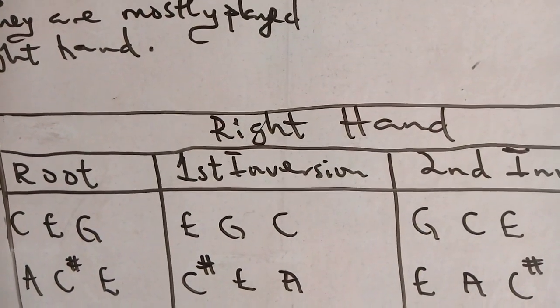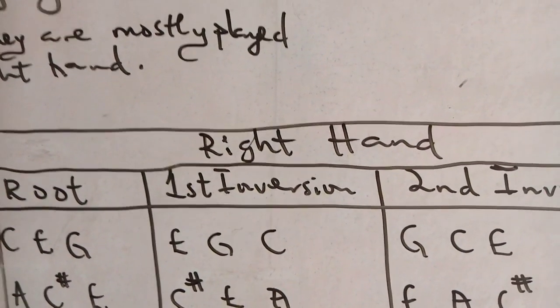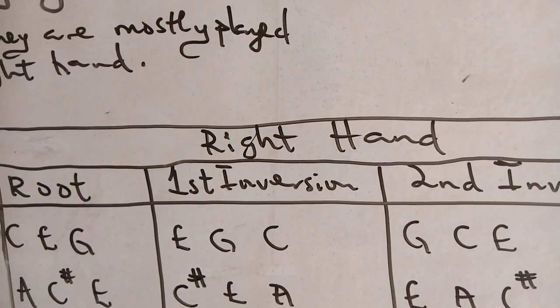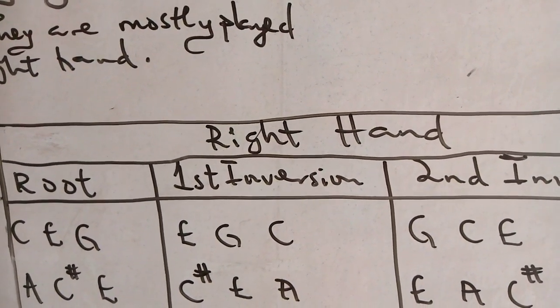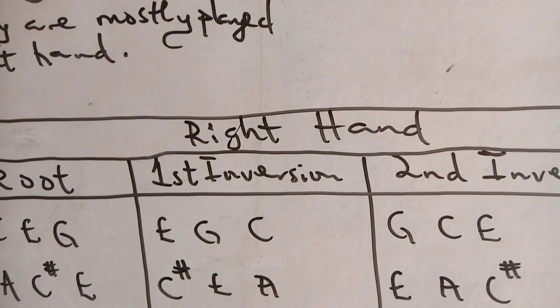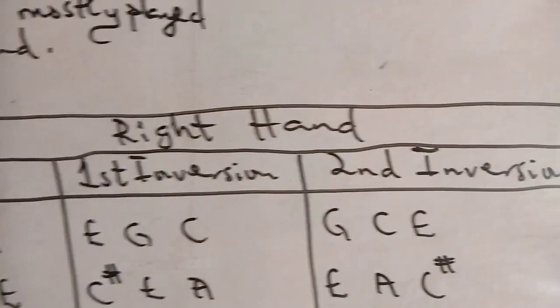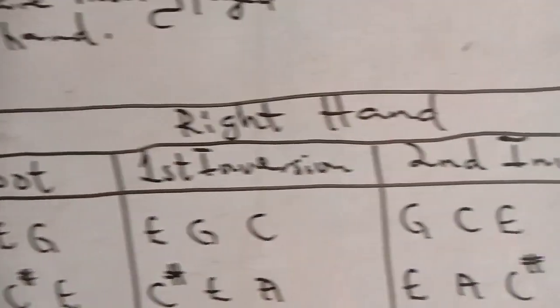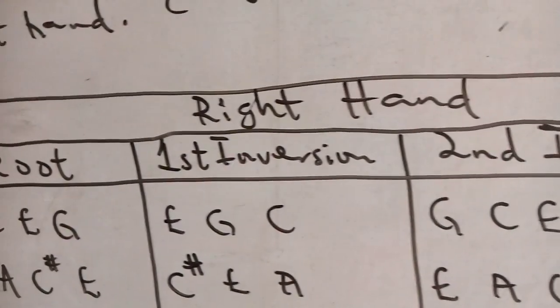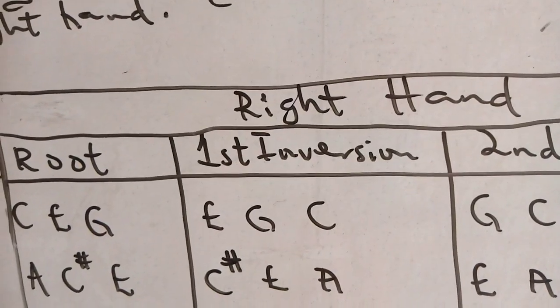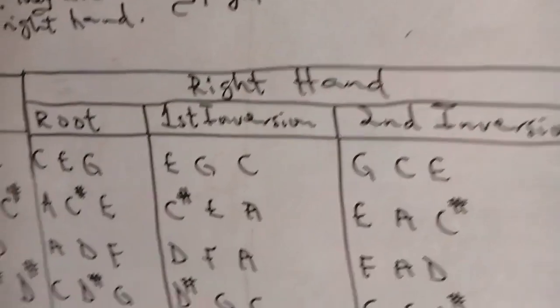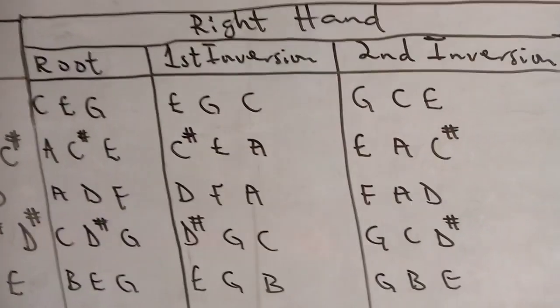Now we have C, G. As you can see, you start from the second note and then you end at the first note for your first inversion. Then for the second inversion, you start at your third note, which is G, and end at your second note. So following this pattern, this is how the inversions are derived.